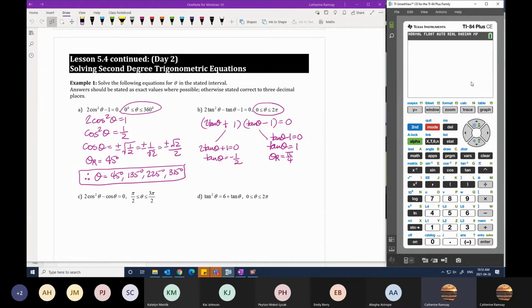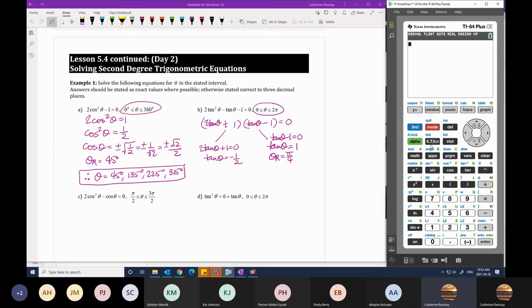Okay, and so now we're going to go to the calculator, and tan theta equals negative 1/2 is not on the unit circle. So first off, make sure you go on your calculator and you check to make sure that in your mode it's in radians, because this question's in radians, right? Okay, so that's the first thing. So I'm going to quit out of there.